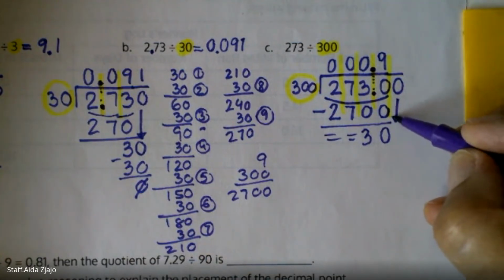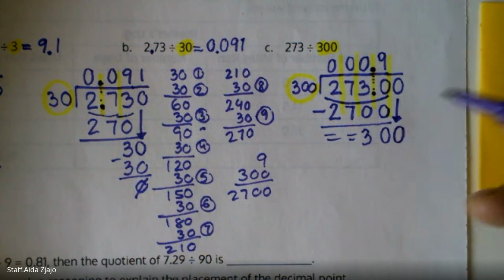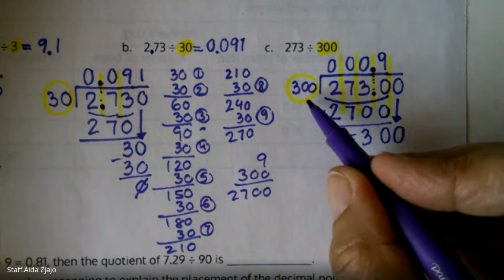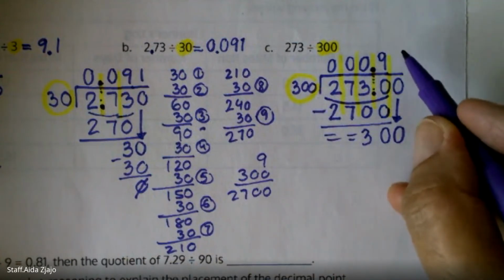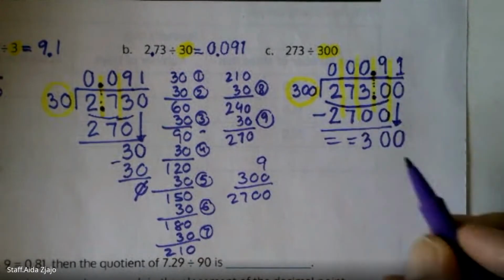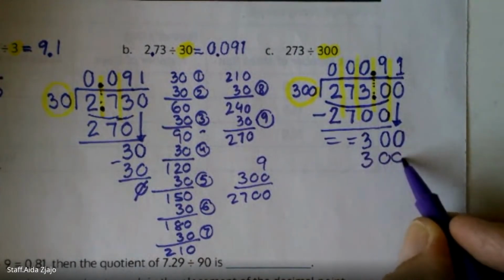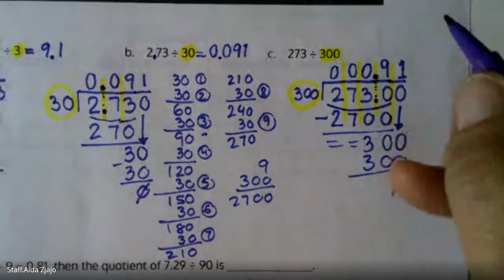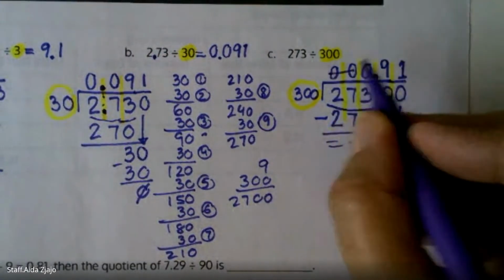Okay, but then you're not done, because you have a decimal and we have to keep going. We can bring another 0 to that, and now we have 300. If I have 300, how many groups of 30? I have only one group. 1 times 300 is 300, and there is nothing left. So this solution, we don't need to worry about these zeros.